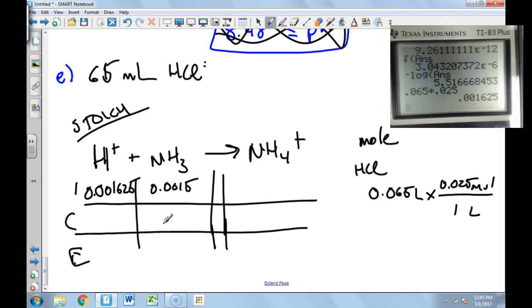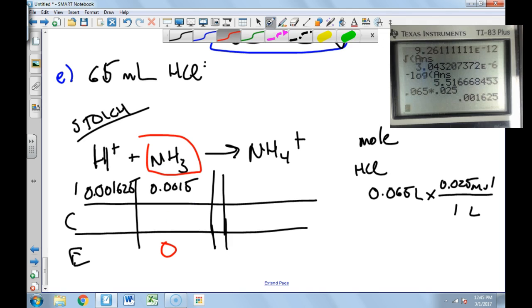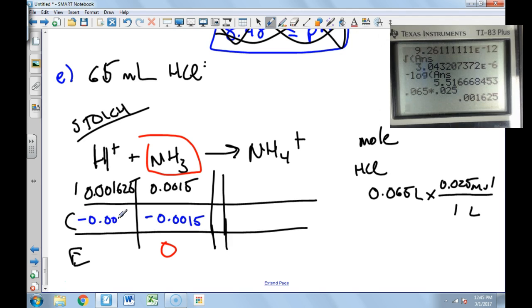Okay, so now from there we can do this. Let's see. So this is going to be 0, right? This is going to be the limiting reagent here. This guy. So that's the thing that's going to be 0. So this is going to be minus 0.0015, minus 0.0015, and then this is plus 0.0015.